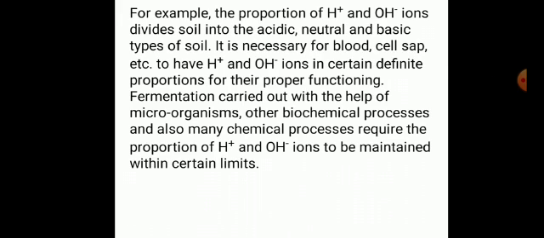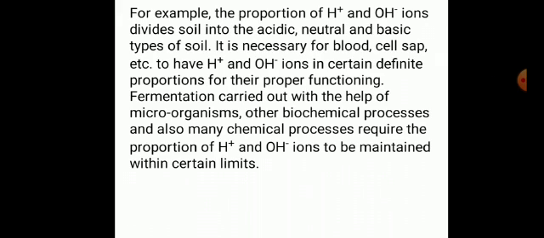It is necessary for blood and cell sap to have H+ and OH- ions in certain definite proportions for their proper functioning. Fermentation carried out with the help of microorganisms, other biochemical processes, and also many chemical processes require the proportion of H+ and OH- ions to be maintained within certain limits.